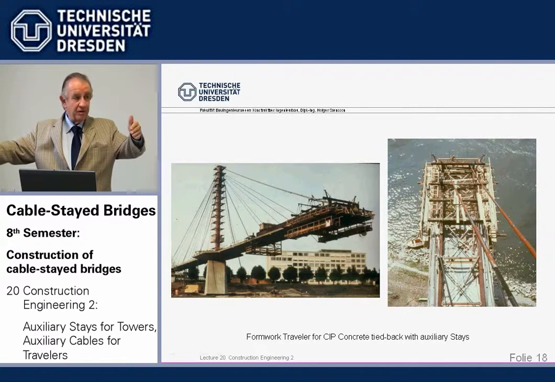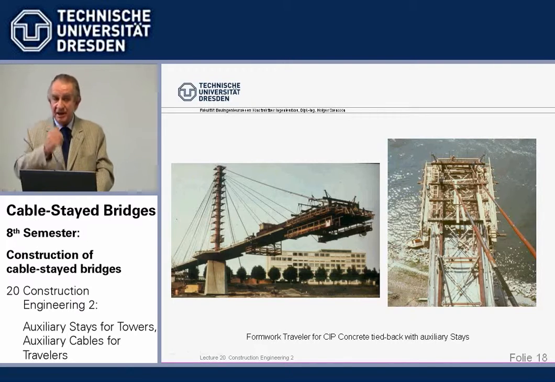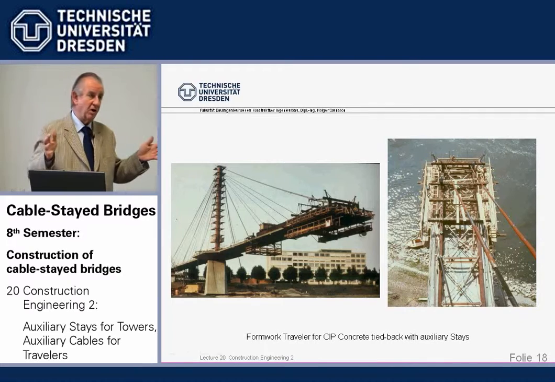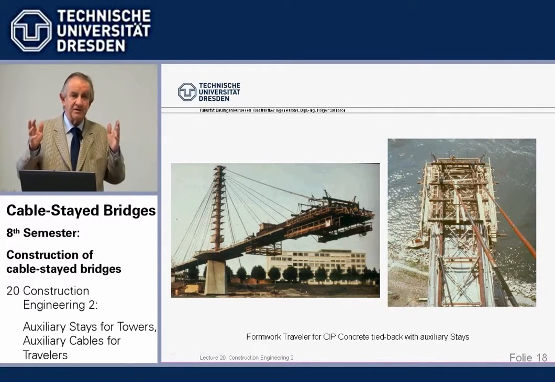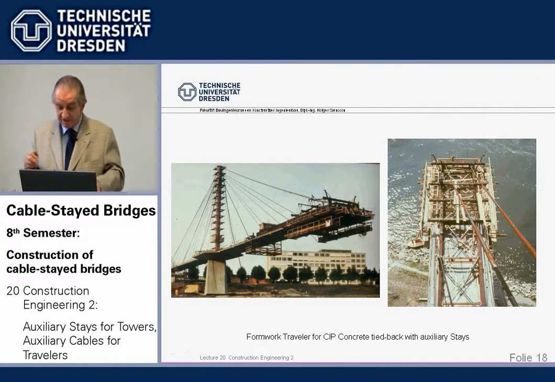So for most of their life, they are oversized. You need a lot of cable steel. And then the idea of reusing auxiliary ties, it's always put into discussion, it never works. Forget about it, you've got to scrap them. So then you know the cost, it's expensive.